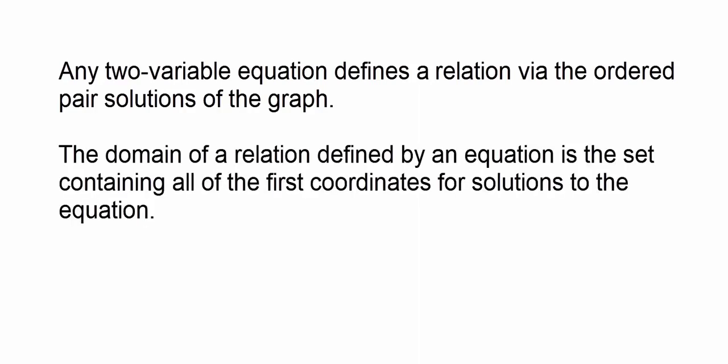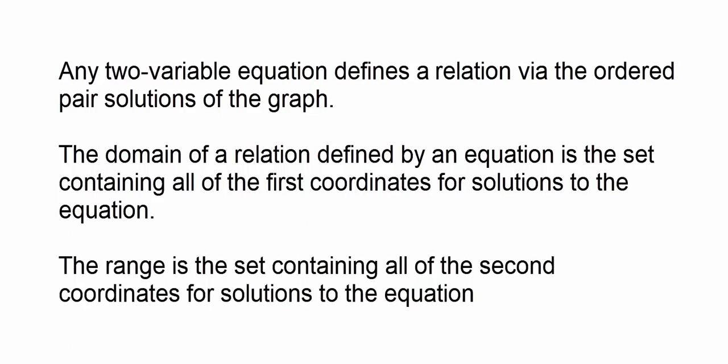The domain of a relation defined by an equation consists of all the first coordinates or x coordinates to solutions for the equation, and the range consists of all the second coordinates or y coordinates of solutions to the equation.